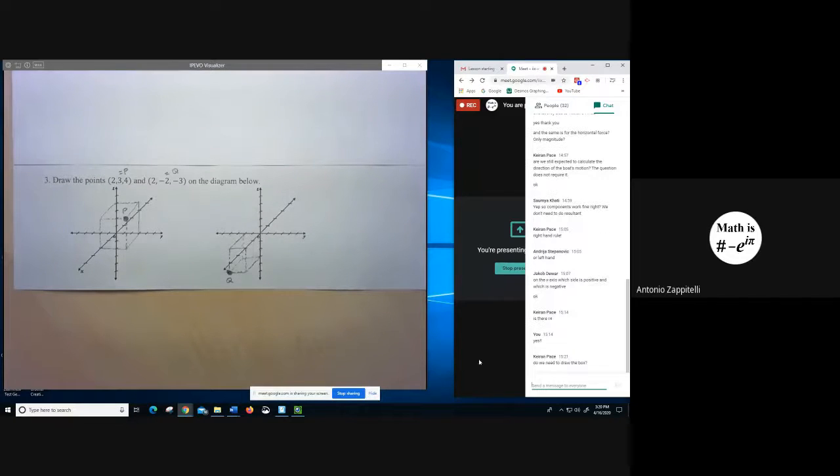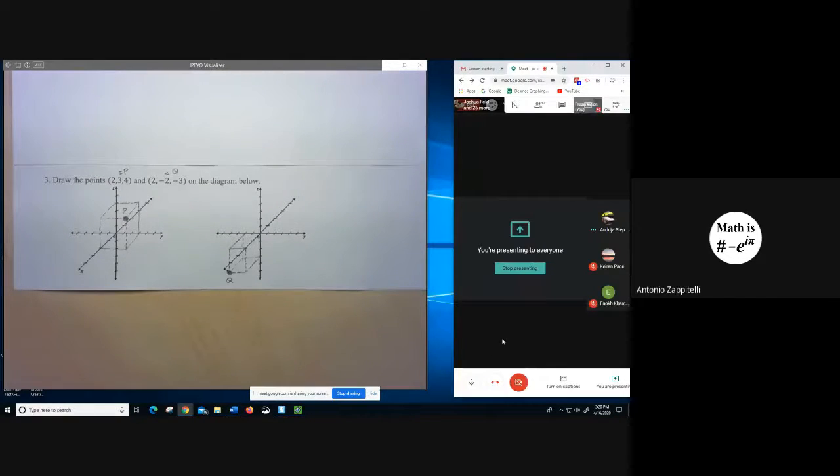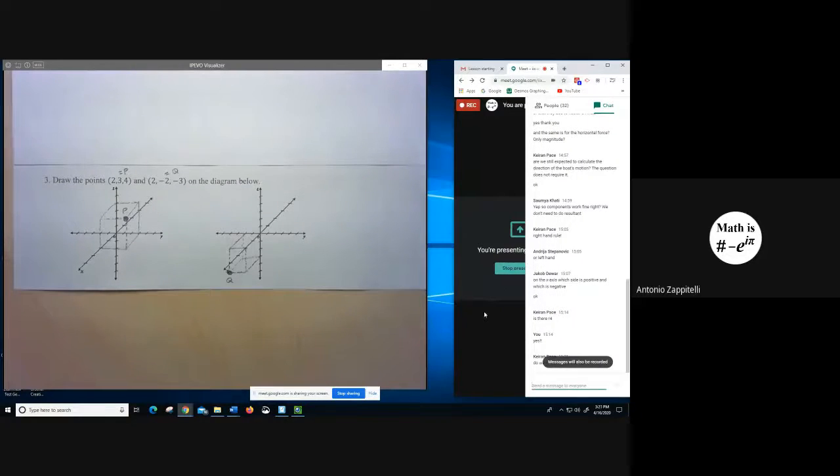Okay, so, do you need to draw the box? I would say you really should, because otherwise, if I were trying to grade something like that, it's very hard. Wherever you draw a point, I have to do a lot of work to figure out that it's in the right place.